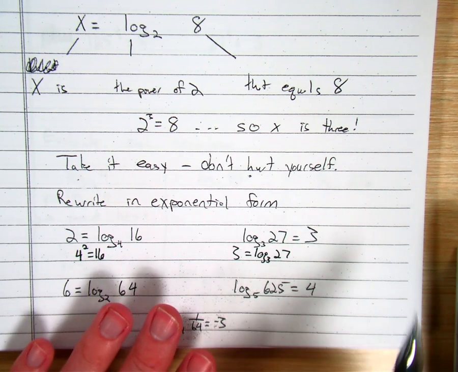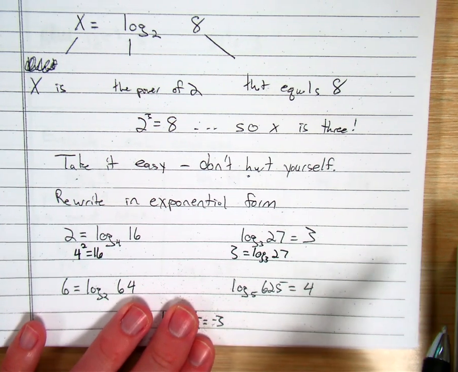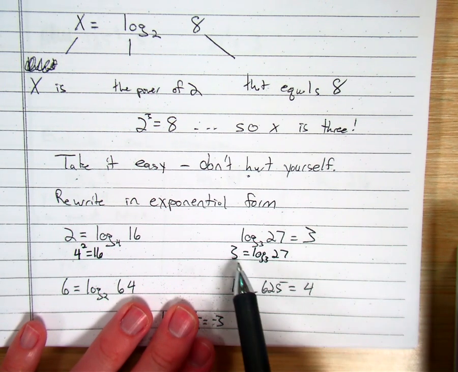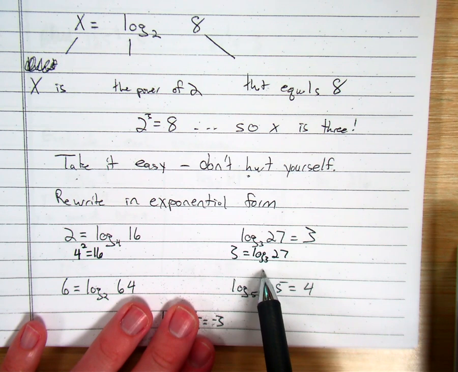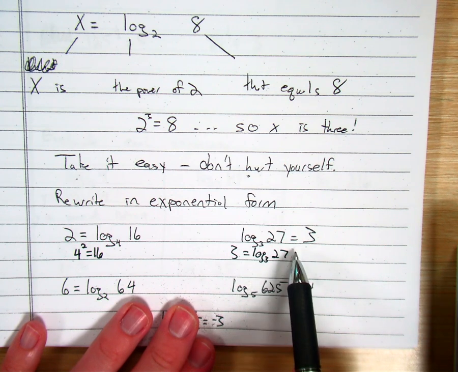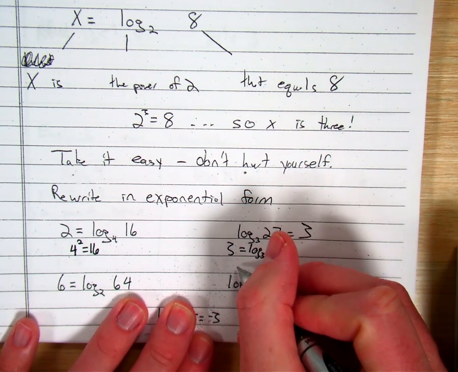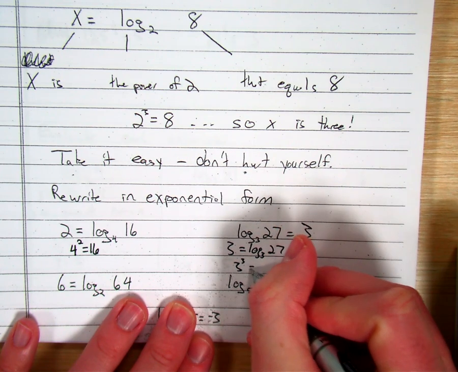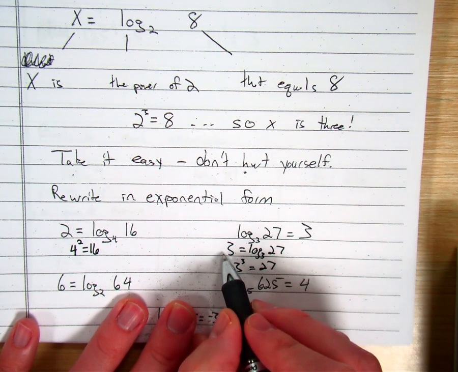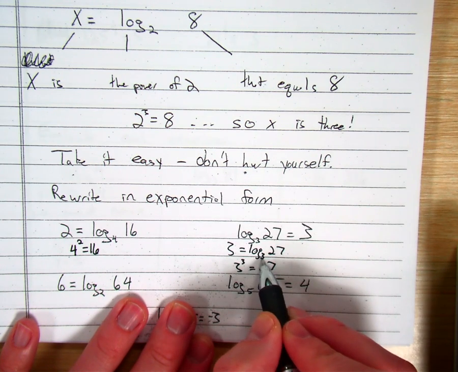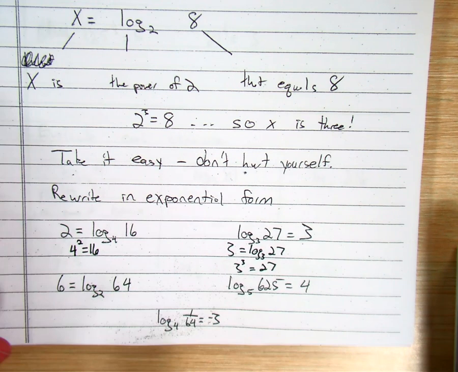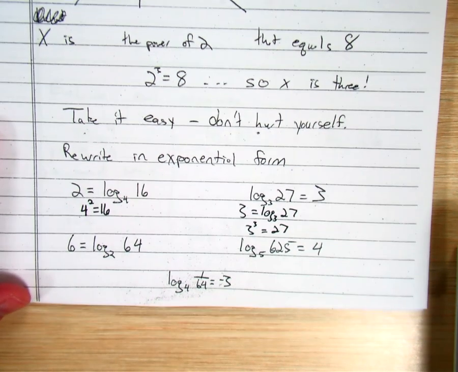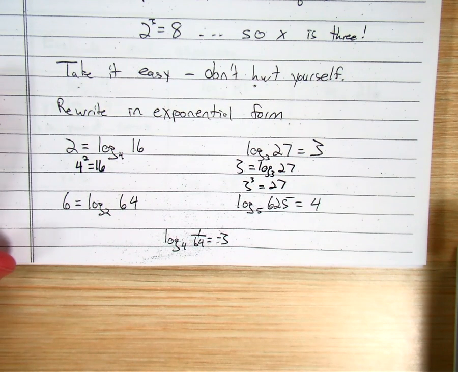You can kind of read it backwards, and pretty soon you'll just be able to look at it and know. Okay? 3 is the power of 3 that gives me 27. So 3 to the third equals 27. All right, go ahead and push pause, and you try the rest of them here.